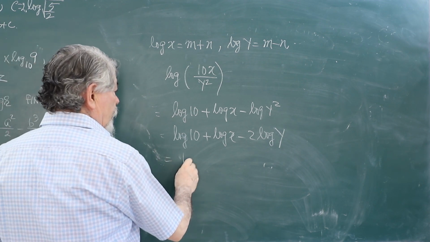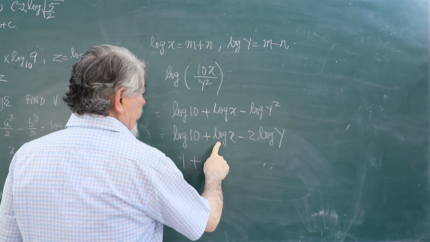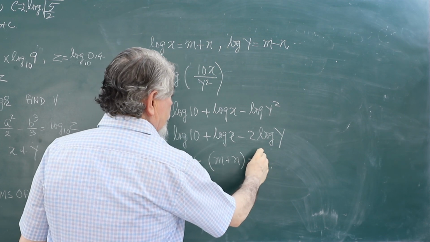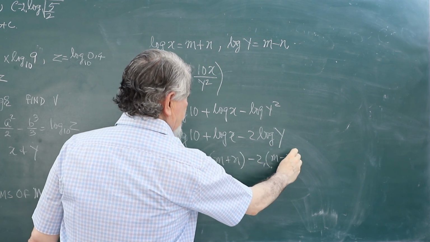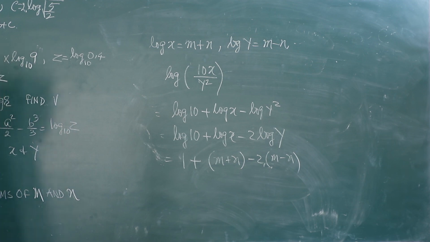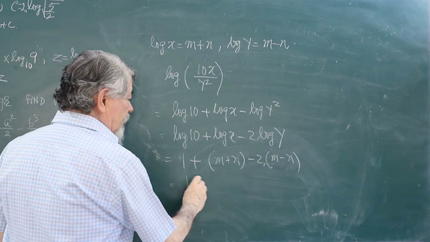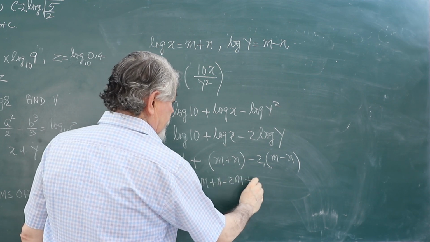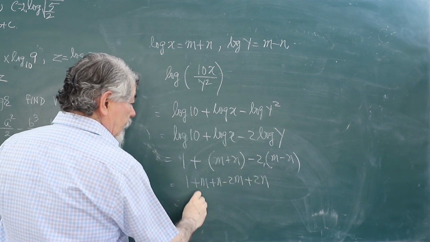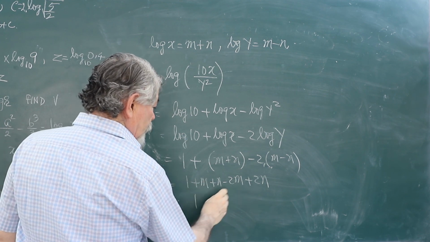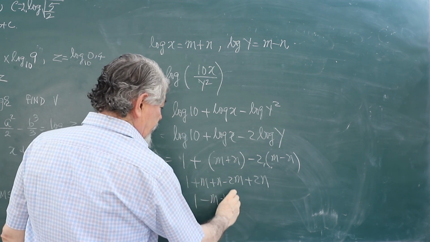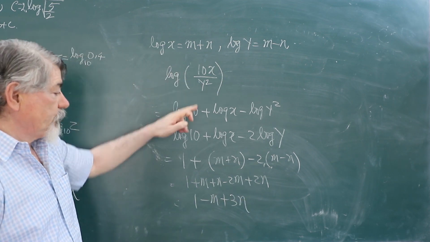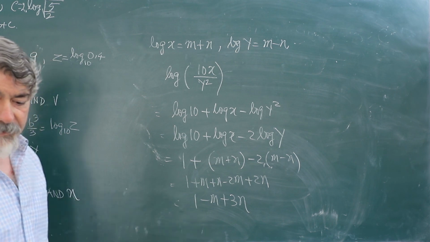Log 10, you know what is the value of log 10. Log x is m plus n minus 2, log y is m minus n. So it will become 1 plus m plus n minus 2m plus 2n. That will be 1, m minus 2m is minus m, and plus 3n. So we have expressed log 10x upon y square in terms of m and n.